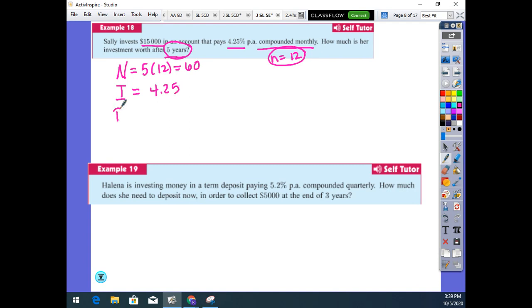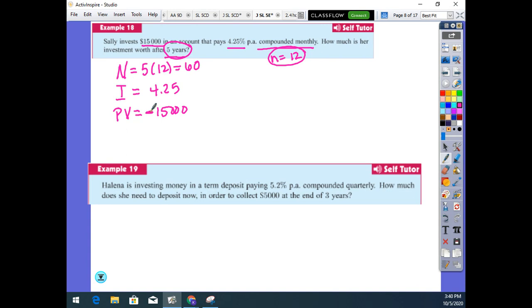This is kind of weird. The present value, if you're investing $15,000, you're actually going to be out $15,000 from your account, because you're putting it into an investment. The payment value or present value always needs a negative.